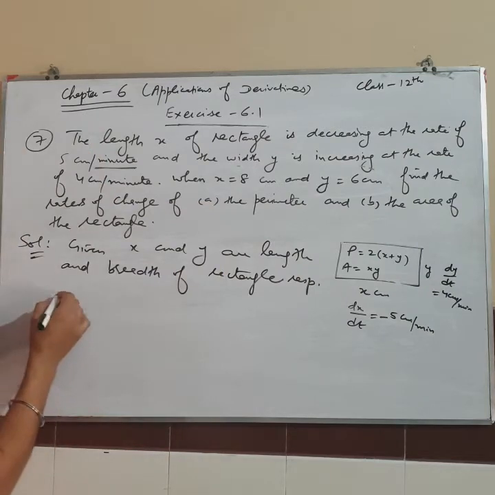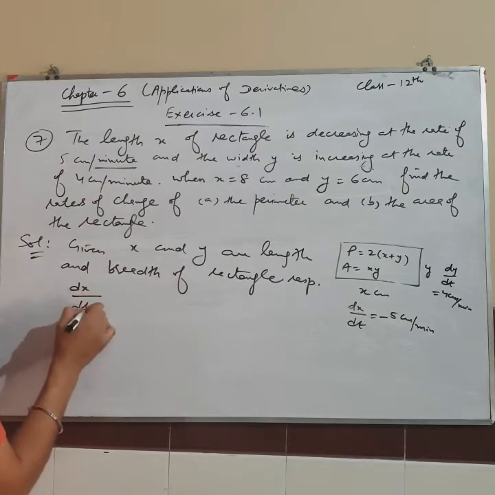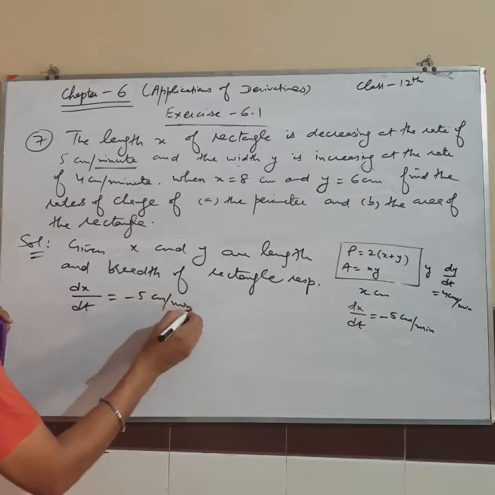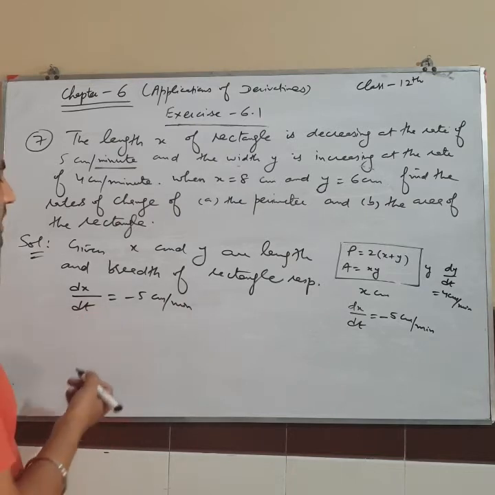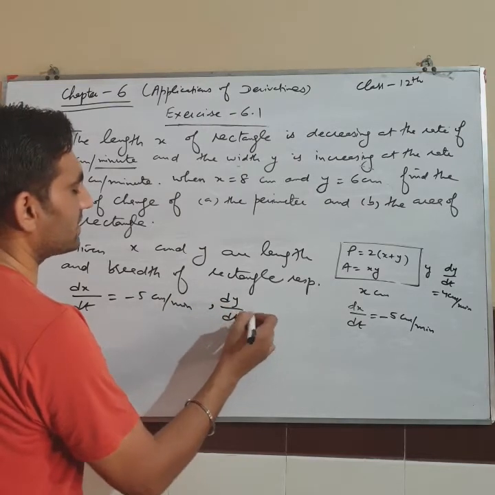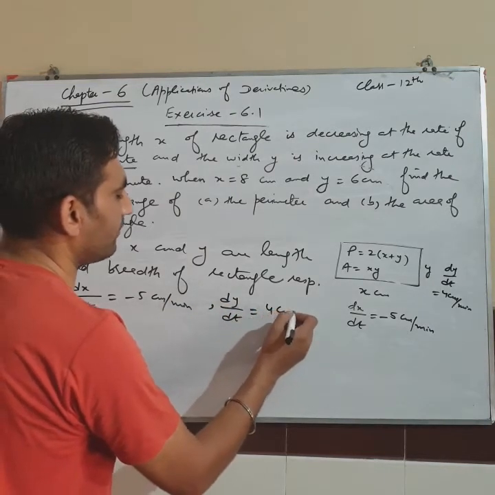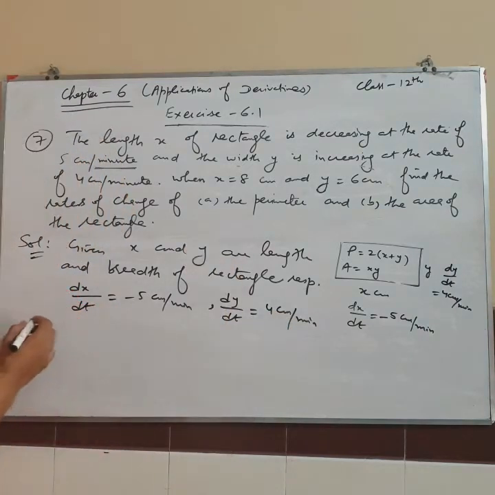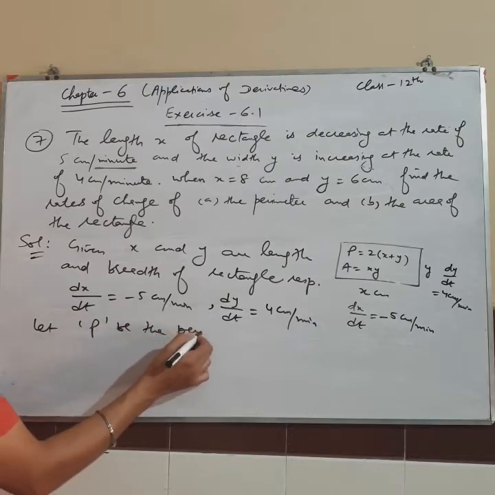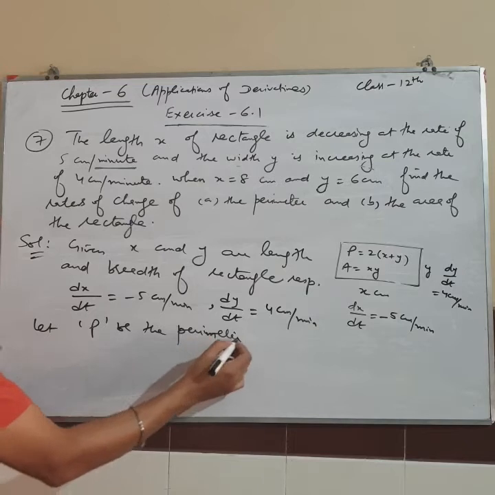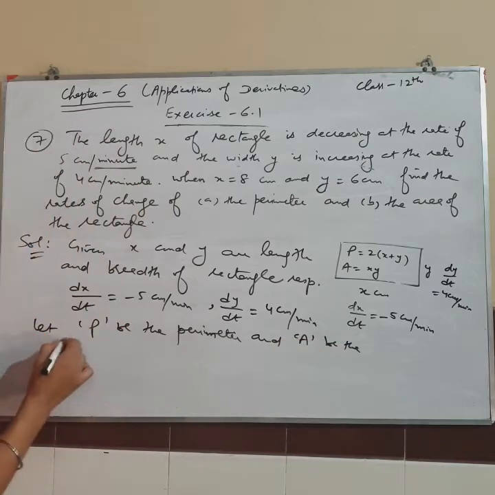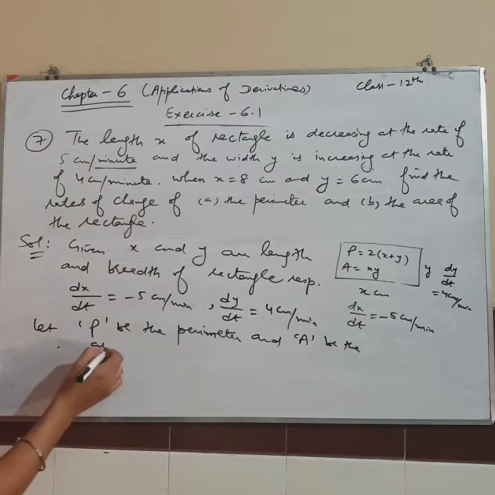Then, rate of change of length with respect to time is minus 5 centimeter per minute, which means it decreases with respect to time at 5 centimeter per minute, and dy over dt, about the breadth, is given: it increases at the rate of 4 centimeter per minute. Also we will write, let P be the perimeter and capital A be the area.